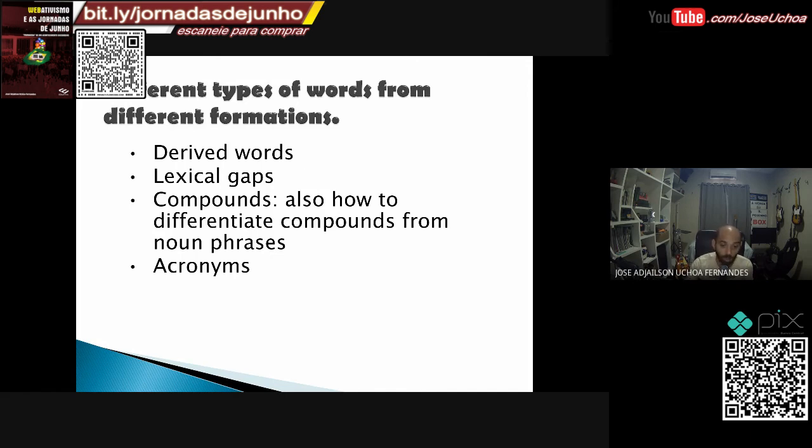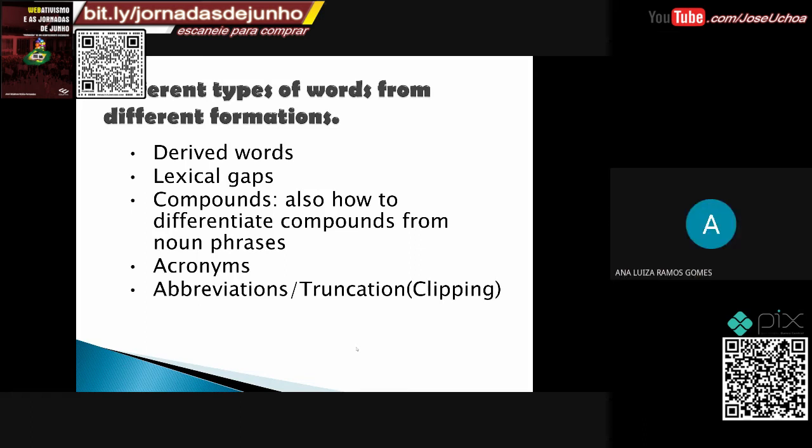Yeah. So these are acronyms, and acronyms should not be confused with abbreviations, also called truncation or clipping. Abbreviations are like prof for professor, or tele for television, or TV. Is TV an acronym or an abbreviation?